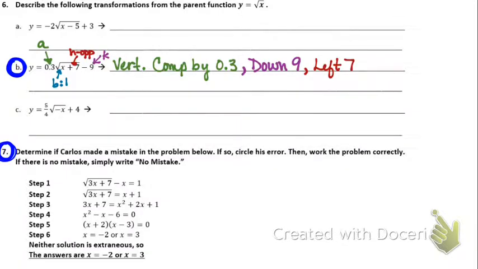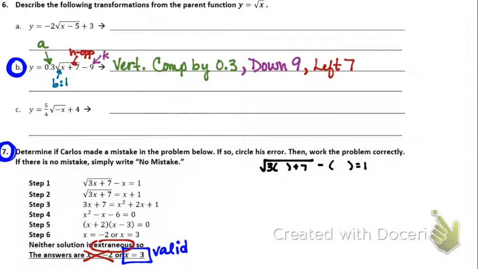Are either one of these solutions valid? 3 is valid. Let's look at how. Is the -2 valid? No. This one is extraneous. If I take that original problem and I substitute in -2 in the place of the x. All right, hold on.